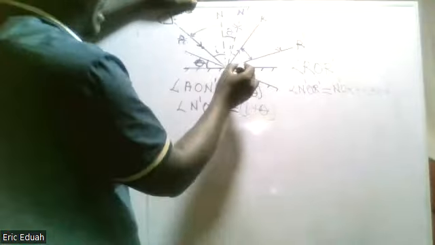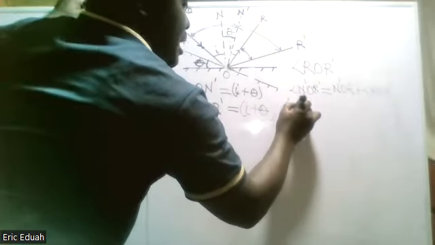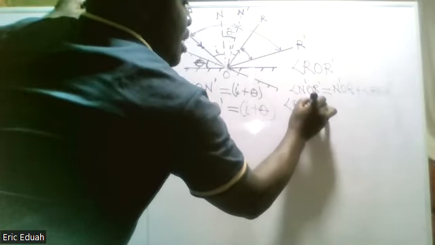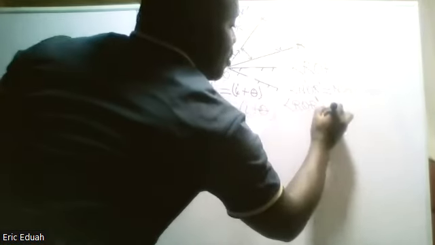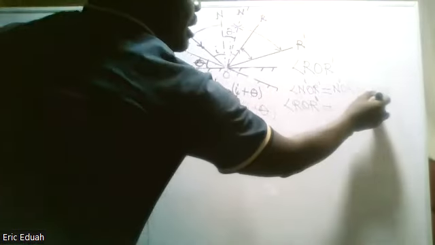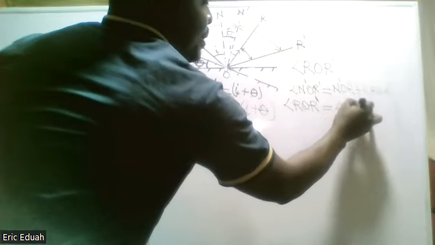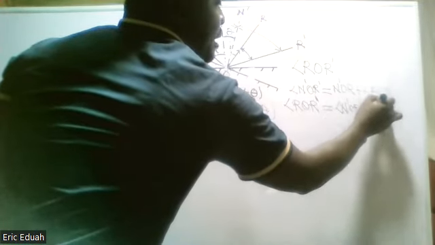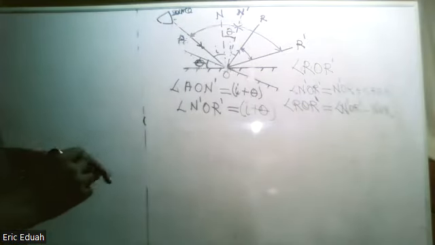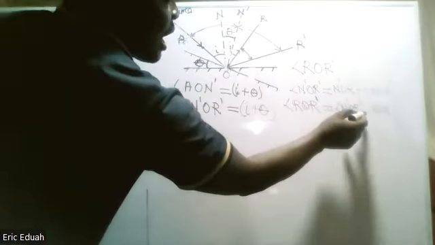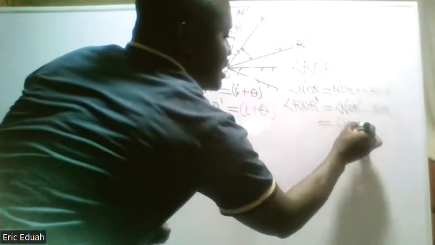So if we are looking for this angle, we will have to make it the subject: angle R O R prime. I'll go over it after doing it, so you follow. When we make this the subject, we have angle N prime O R prime minus N prime O R to give us this angle. Now we have angle N prime O R prime, which is I plus theta.